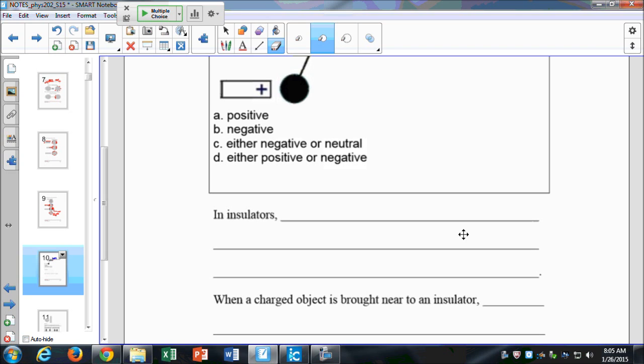I just have some paper. Paper is a pretty good insulator. And I have a balloon. You ever seen this before? If I rub the old nasty sock on the balloon, it puts an excess of negative charges onto the balloon. So now I have a charged object.